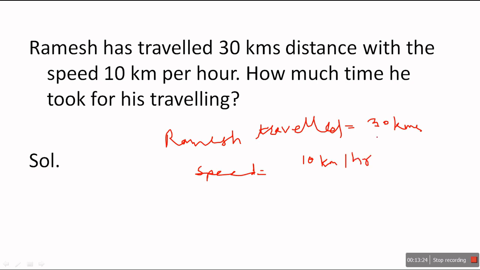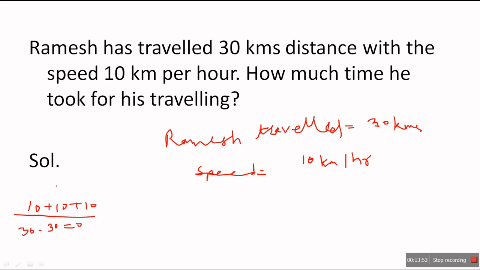Means 10 kilometers in 1 hour, another 10 kilometers in 1 hour, and another 10 kilometers in 1 hour. So 10 kilometers plus 10 kilometers plus 10 kilometers. This 10 will be subtracted repeatedly. Okay, 30. So total distance covered 30 minus 30, 0.